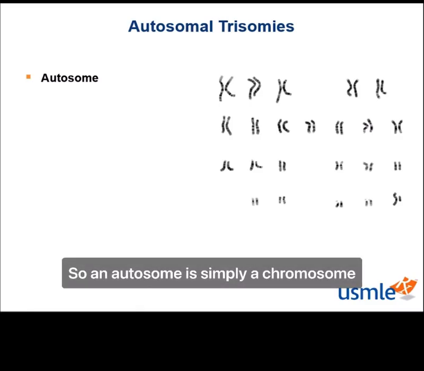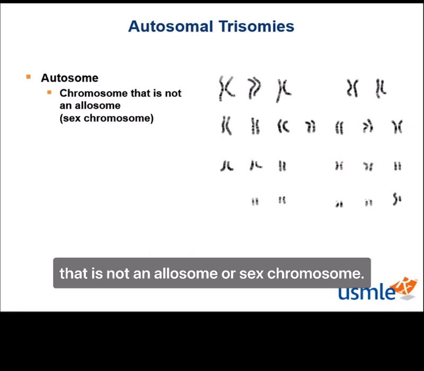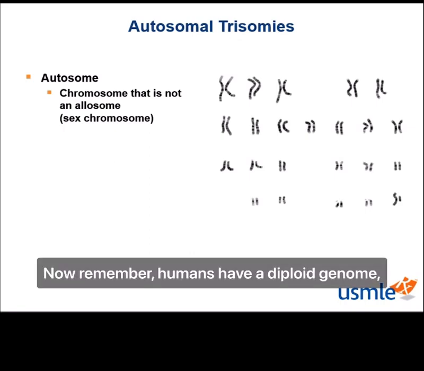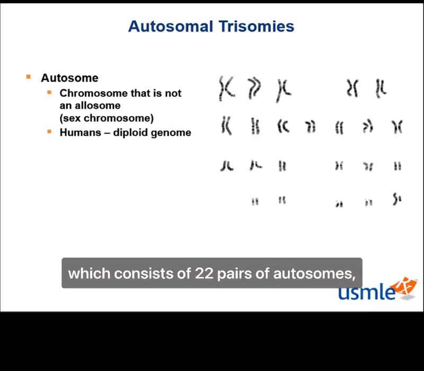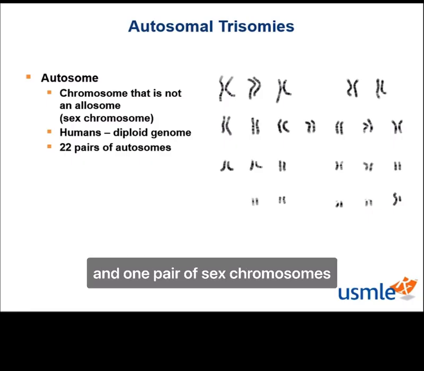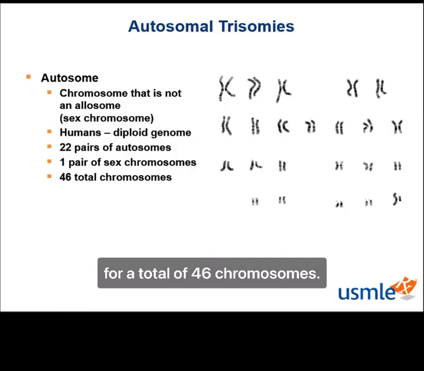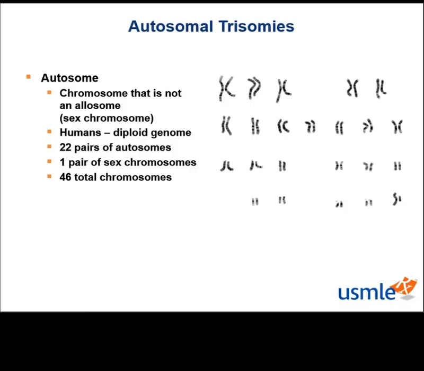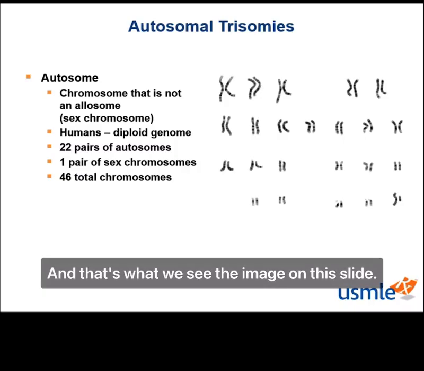So an autosome is simply a chromosome that is not an allosome or sex chromosome. Now remember, humans have a diploid genome, which consists of 22 pairs of autosomes and 1 pair of sex chromosomes, for a total of 46 chromosomes. And that's what we see in the image on this slide.